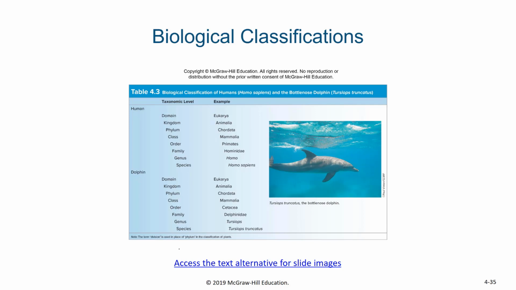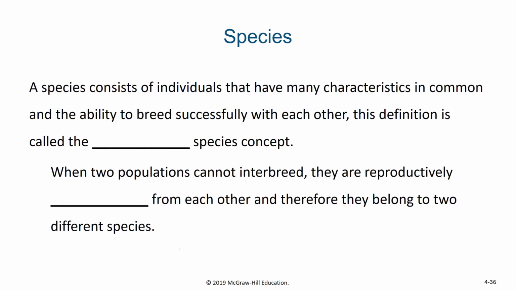So here in this chart, we can see the organization of us as humans, or Homo sapiens, versus a bottlenose dolphin, which is Tursiops truncatus. A species consists of individuals that have many characteristics in common and the ability to breed successfully with each other.